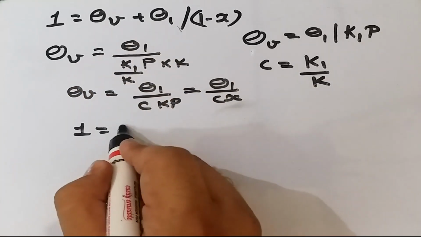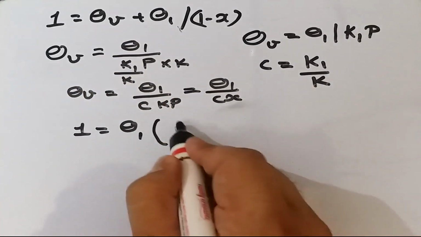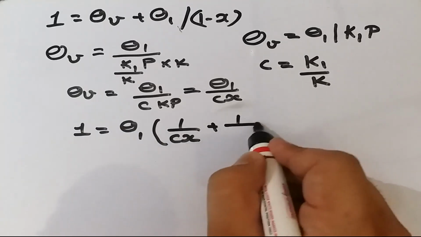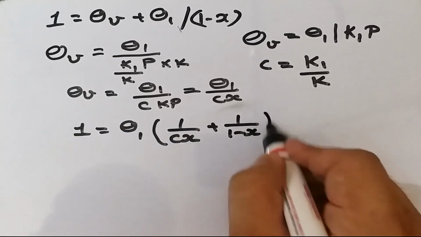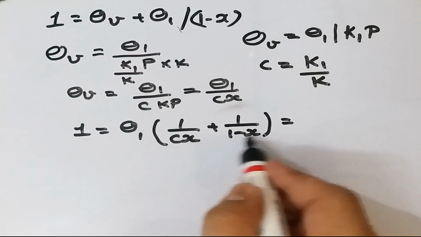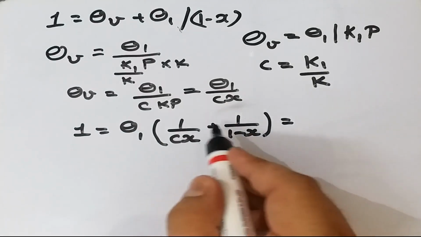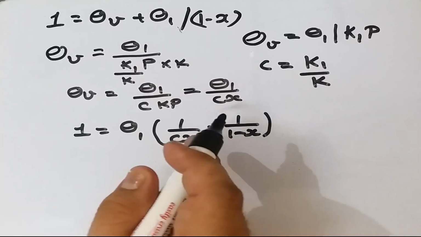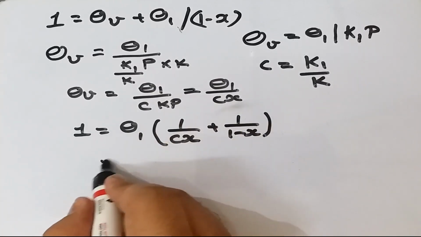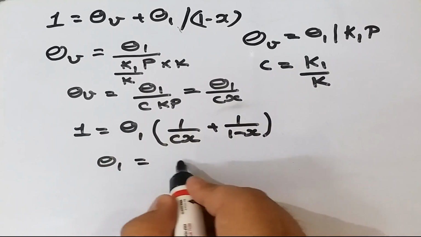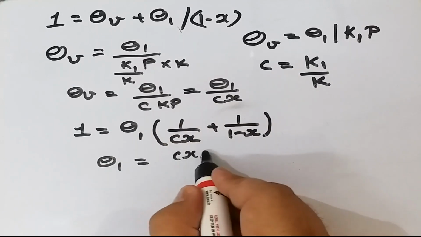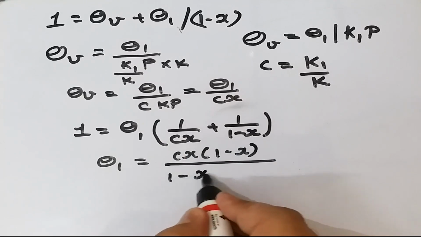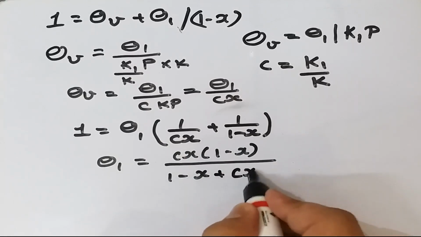theta 1, which I can take common. So theta 1 into 1 upon cx plus 1 upon 1 minus x, and further I can take the denominator common and then rearrange this expression. When I do that, I will have theta 1 equal to cx into 1 minus x upon 1 minus x plus cx.